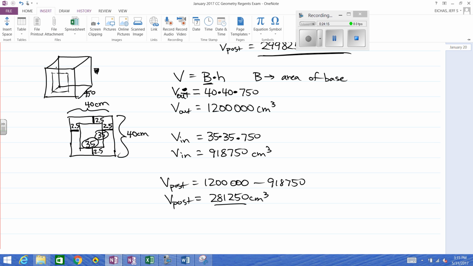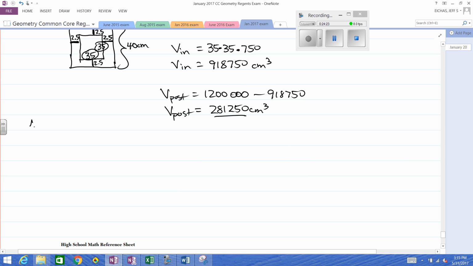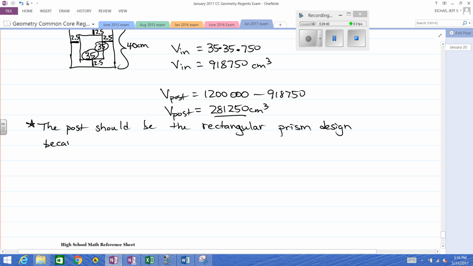So the post should be the rectangular prism design, because it needs less aluminum to make, and we've shown that.